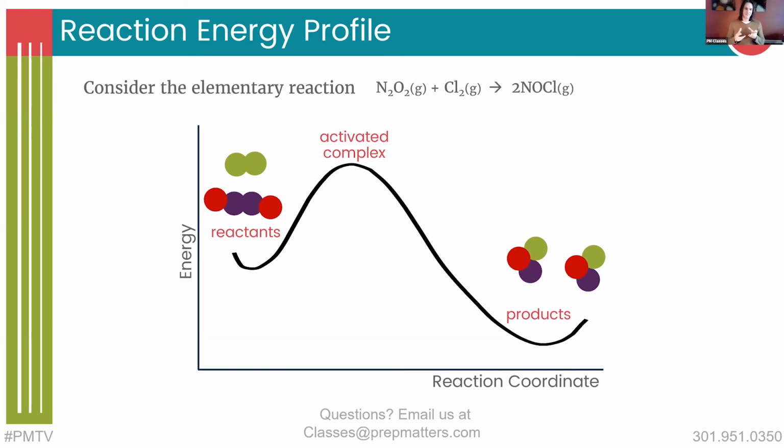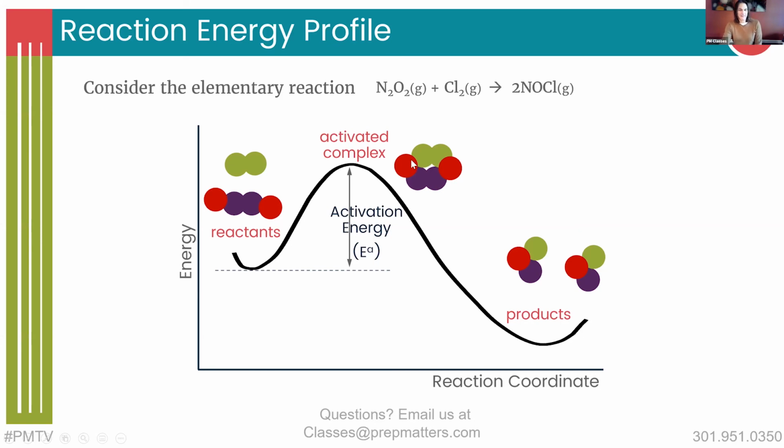So that's where the reaction is just on the precipice of occurring, right? Here you might imagine it could look something like this. You can imagine that chlorine molecule nestling in there with the N2O2, and the bonds between the chlorines and the oxygens are starting to form, and the bonds between the nitrogens and the chlorines are starting to break.